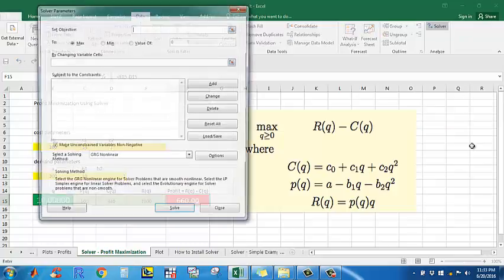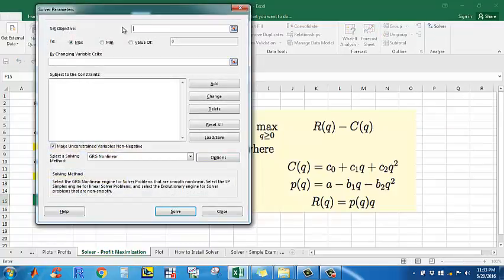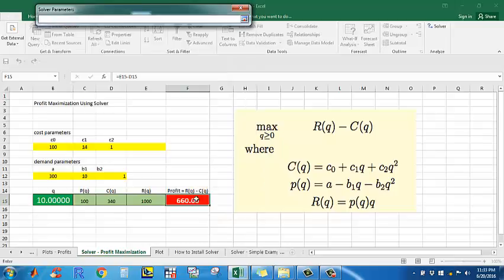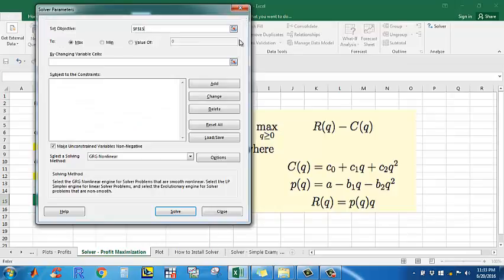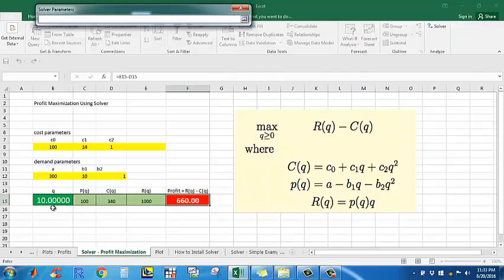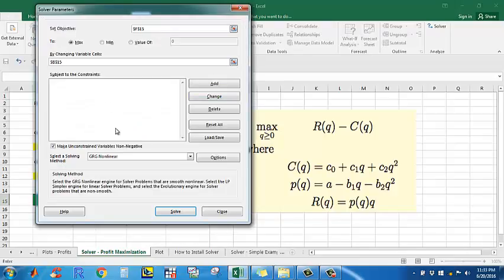As before, let's click on solver. We need to set an objective, and the objective is to maximize profits, which is given by cell F15. And this objective is maximized by changing the cell Q, subject to some constraint.